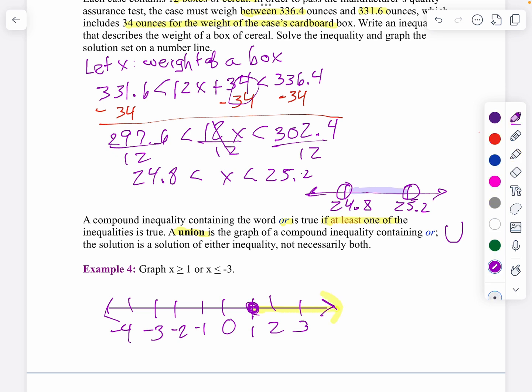Then x is less than or equal to negative 3. I'll shade that to the left. There is a pattern here. Most of the time, they go in opposite directions, but not all the time. So make sure you do each one. Sometimes they might overlap, which would be your entire number line.